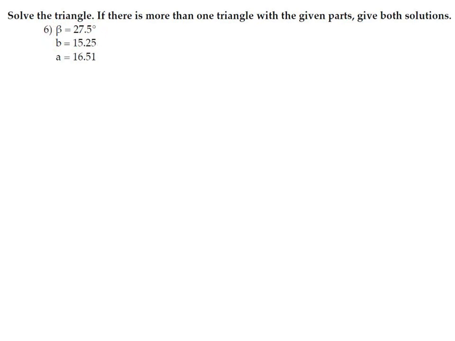Anytime you use the law of sines to find an angle, there's potentially two triangles, and we'll try to see if we can get both triangle answers. One of them might not work. So let's start off going for alpha.